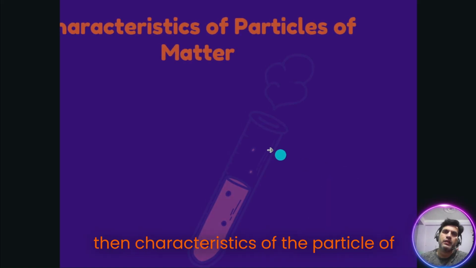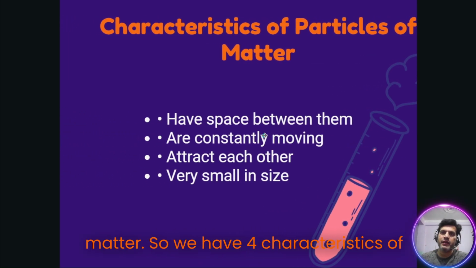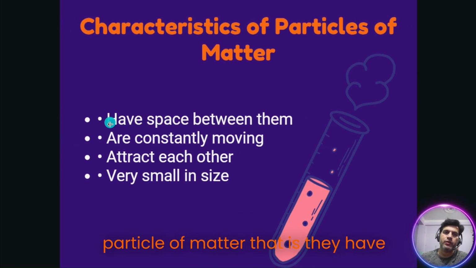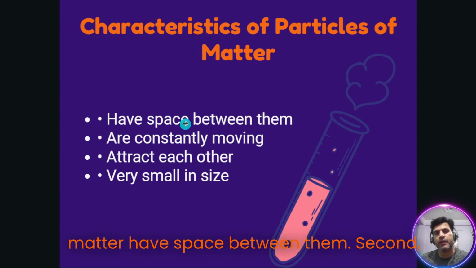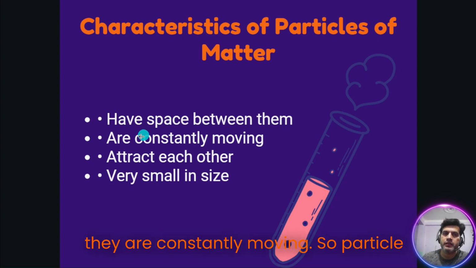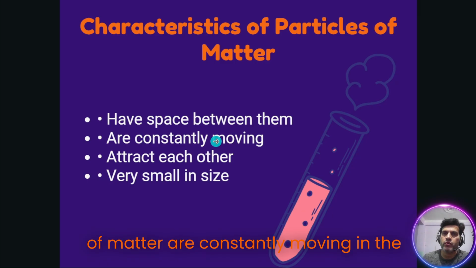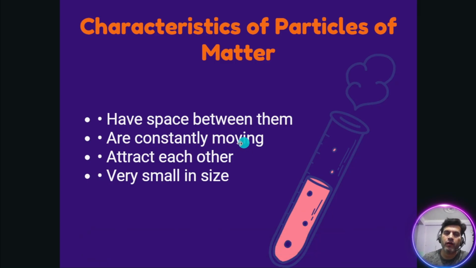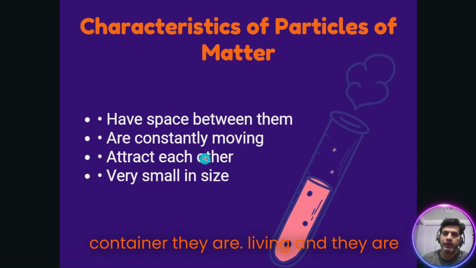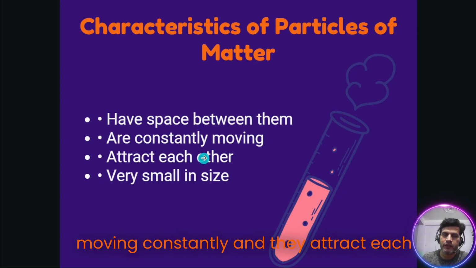Then the characteristics of particles of matter. We have four characteristics of particles of matter. First, they have space between them. Second, they are constantly moving in whatever container they are in. Third, they attract each other.